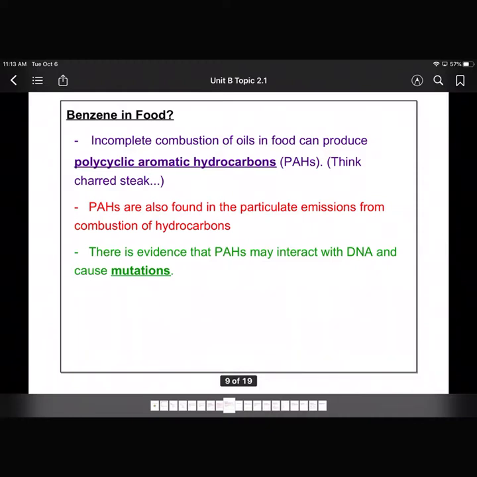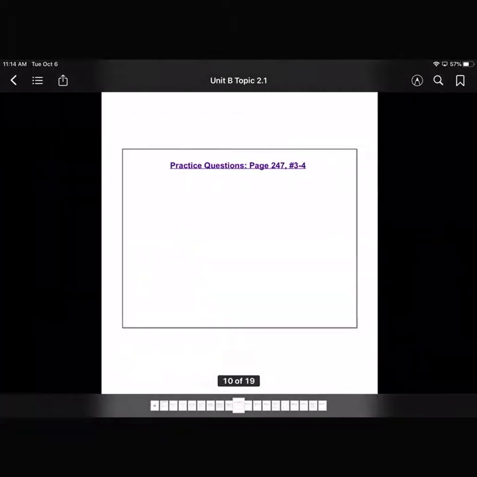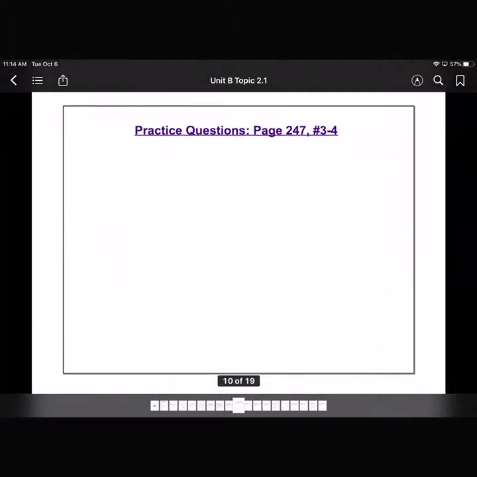There's evidence that PAHs may interact with your DNA and cause mutations, and mutations normally lead to cancer. So these are chemicals in our surroundings that are not good. So don't burn your food if you don't want to mutate yourself.